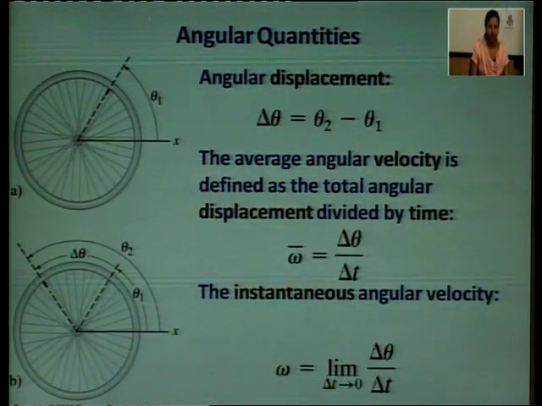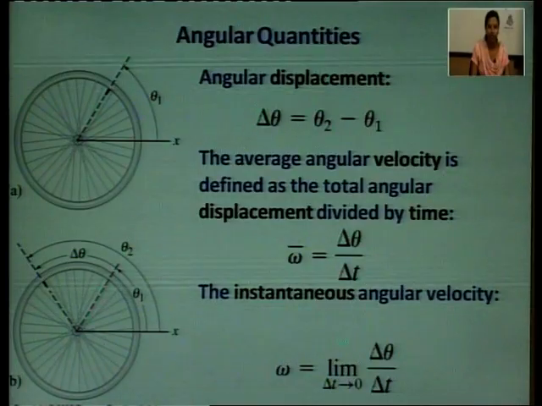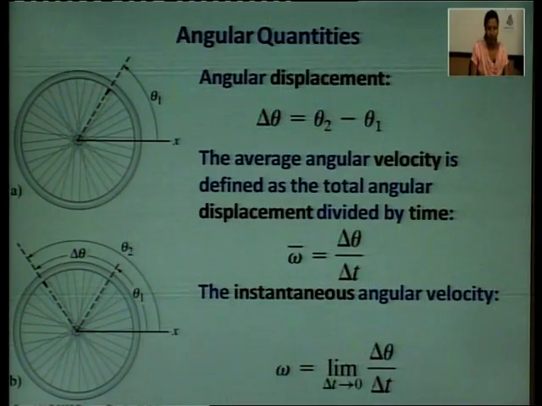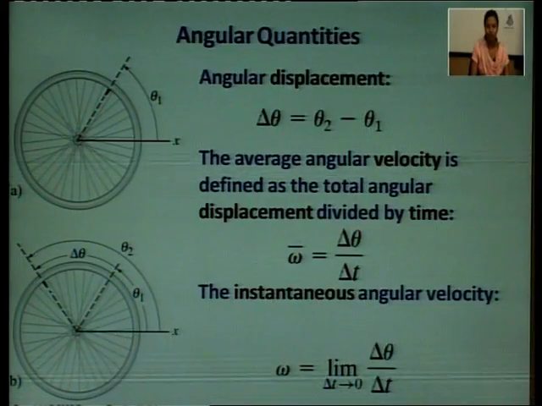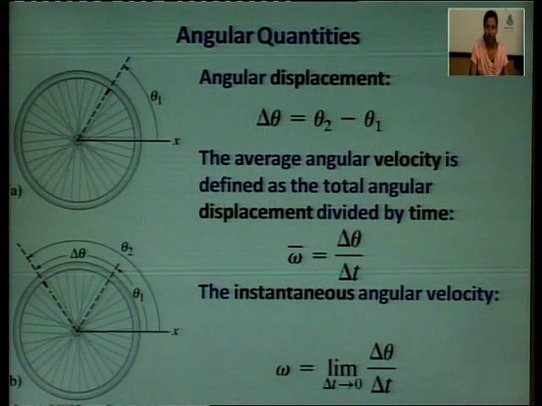If the body is at position theta 1 and then it moves up to angle theta 2, then the angular displacement delta theta is final angle minus initial angle. Final angle is theta 2 while the initial angle is theta 1. So, delta theta is theta 2 minus theta 1.